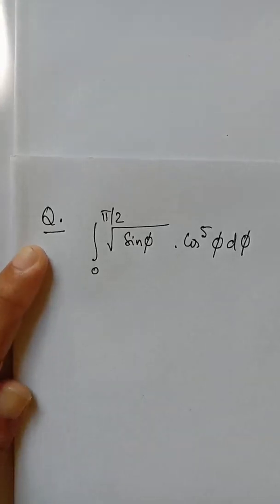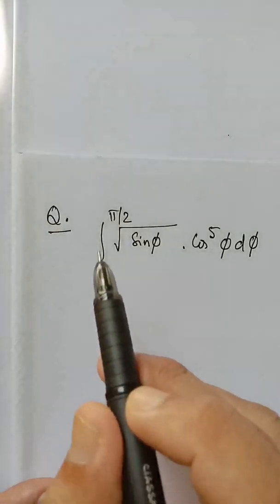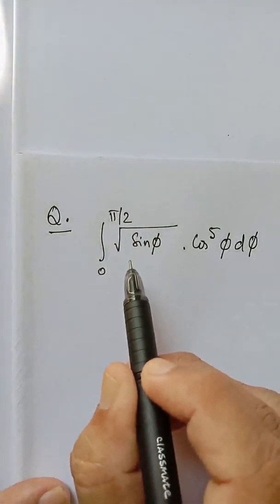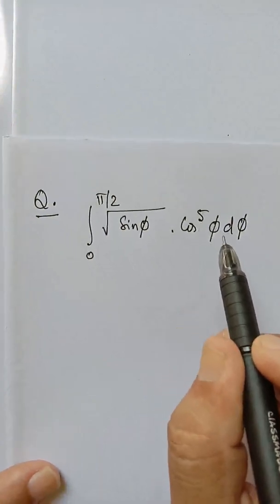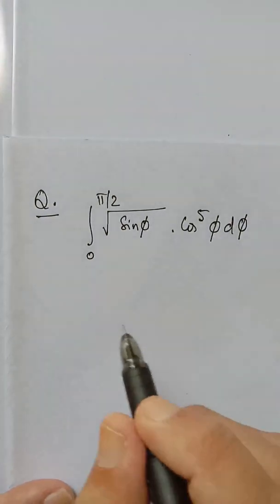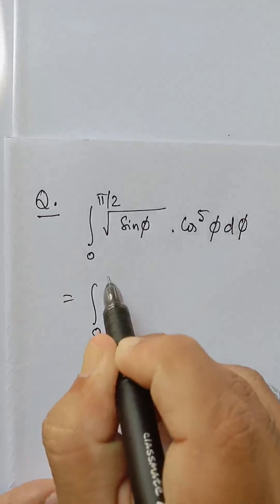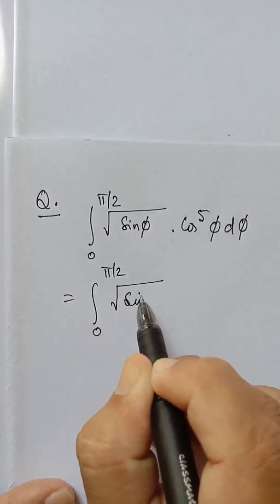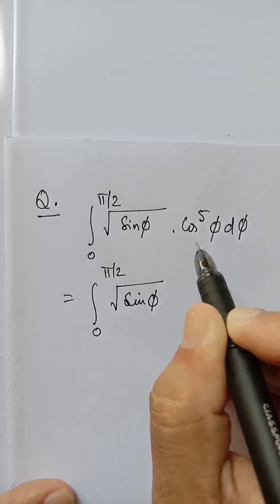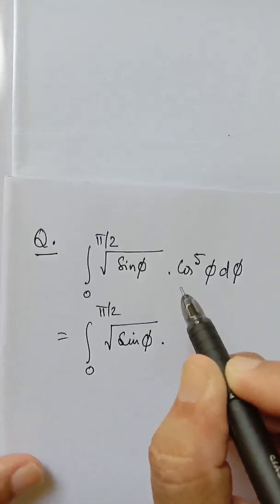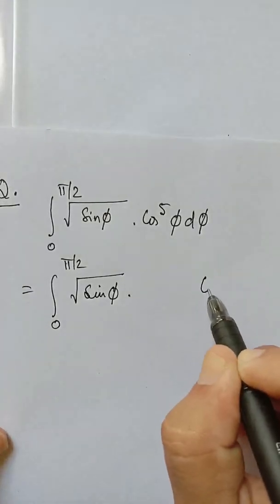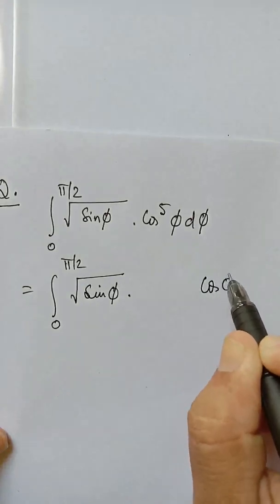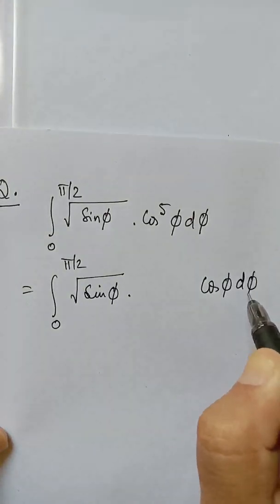Our next question is to integrate 0 to pi by 2, root over sin phi into cos to the power 5 phi d phi. What we will do? Here also in this question we have to substitute, but before that, from cos to the power 5 we will separate one cos. Okay, we will write cos to the power 4 phi into cos phi d phi.